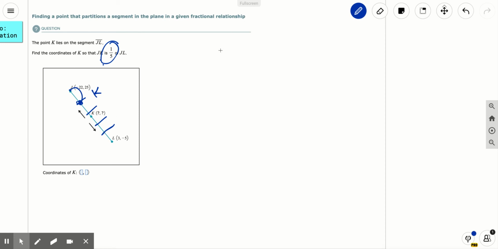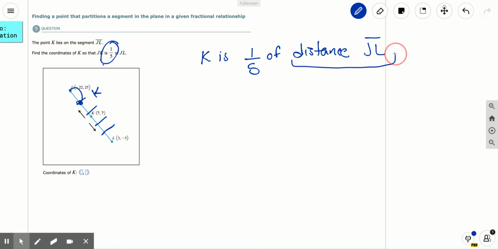So let's write this in English. Sometimes it's helpful to write it in words, okay? K is going to be 1/5 of the distance between J and L. Okay, so think about that. What do we need to take 1/5 of something? We need the distance. What does of stand for?